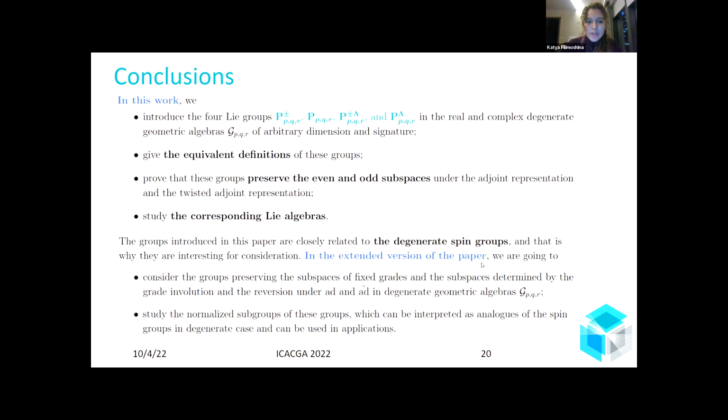Note that the well-known Lipschitz group preserves the subspace of the fixed grade, the first grade, under the twisted adjoint representation. We are going to consider the analog of the Lipschitz group in the degenerate geometric algebras. Then we are going to normalize this Lipschitz group analog and obtain the analogs of the spin groups in the degenerate case. And these analogs of spin groups can be used in applications.